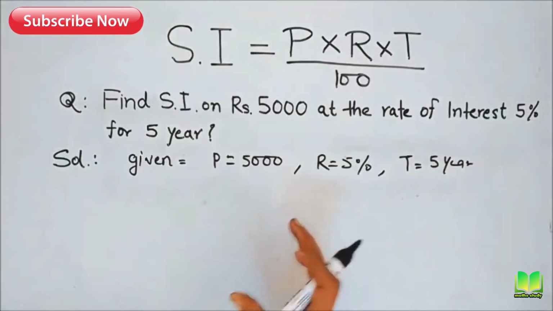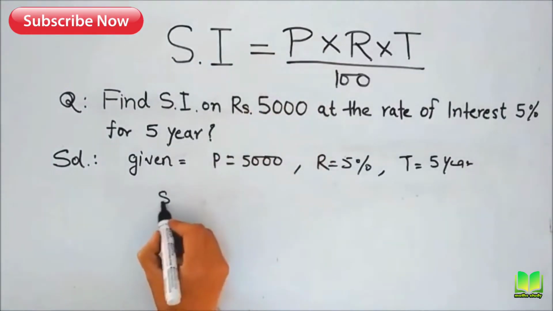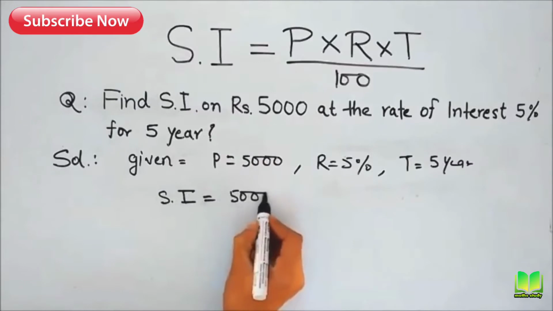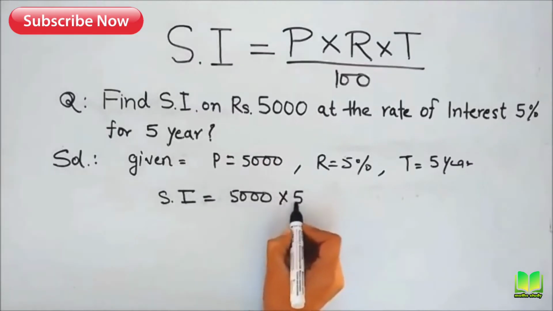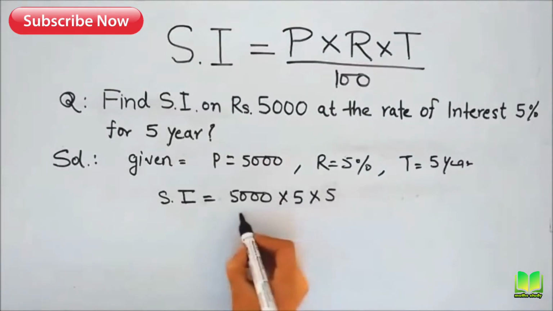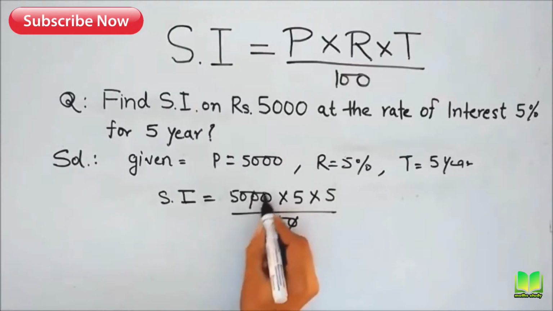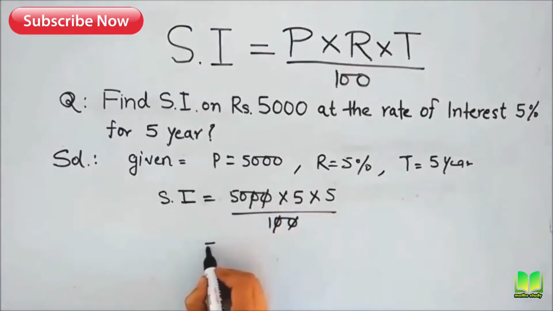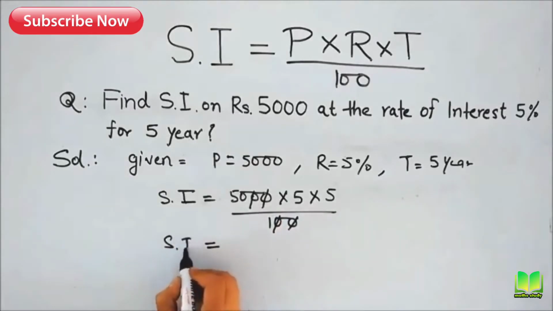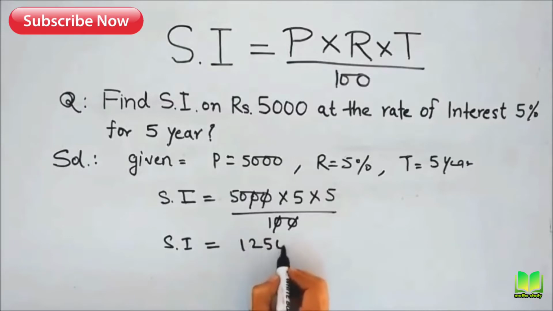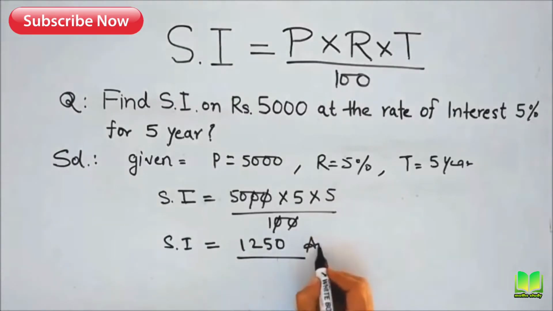Now we will put all these values in this formula, that simple interest is equal to 5,000 into 5 into 5 divided by 100. Now you can easily solve this equation, and we have simple interest, that is 1250, and this is the answer of this question.